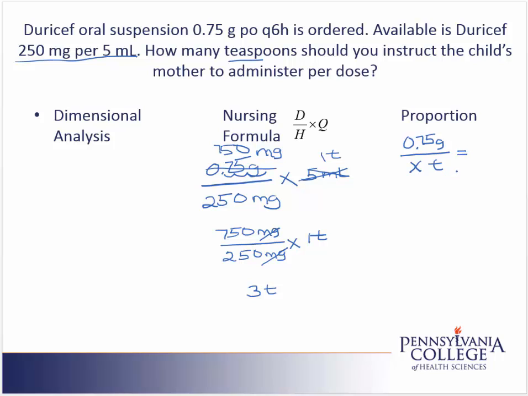We'll put the dosage strength as our second fraction, as a first attempt at creating a proportion. The dosage strength is 250 milligrams per 5 milliliters. Now this is not actually a proportion, because a proportion is saying that two fractions are equal. And when I look at the labels across the top or across the bottom, the labels don't match, so it is impossible for these fractions to be equal.